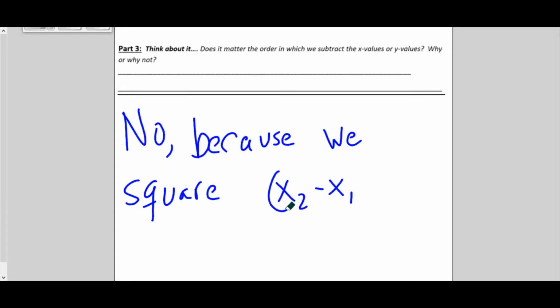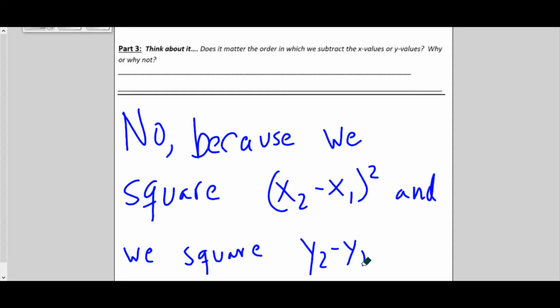We square this result. Remember, we raise it to the power of 2. And we square y2 minus y1. So we do y2 minus y1 squared. So when you square it, it takes care of the negative answer that you would get in there. So this is why order doesn't matter.